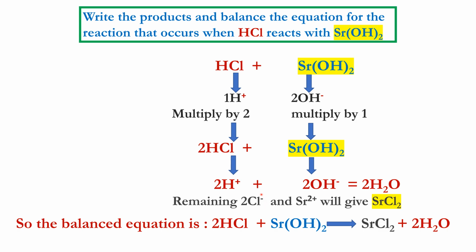You do not need to put the charge when you are writing the product. So the balanced equation is 2HCl plus strontium hydroxide gives strontium chloride plus 2 molecules of water.